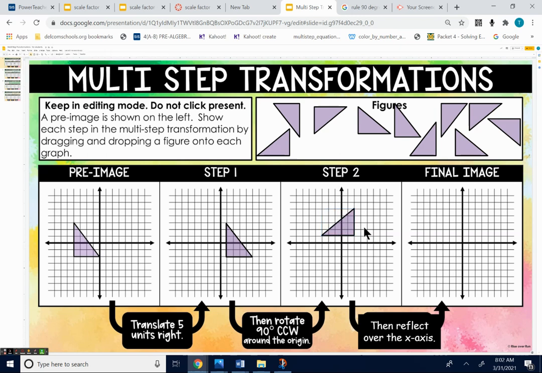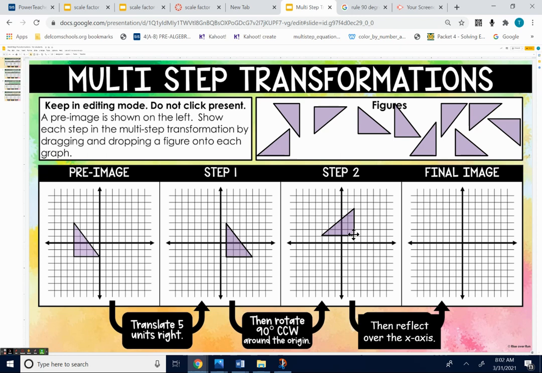The final image would be taking this and reflecting it over the x-axis. Now remember the x-axis is this axis right here, the one that goes horizontal, and a reflection is a flip. So we want to imagine this flipped over the x-axis. If you remember the shortcut way to think about it, opposite side, same distance.